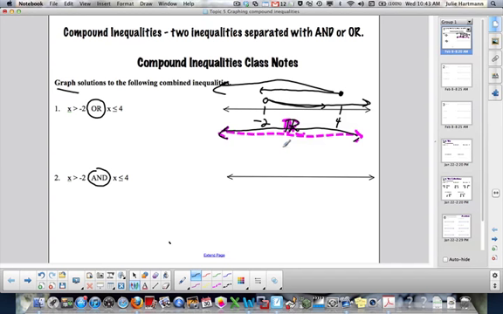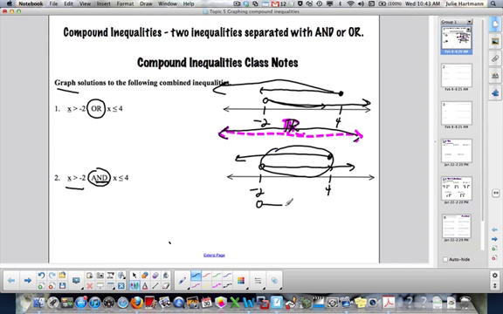Okay, now with the next one it's the same thing, greater than negative 2, but this time it says and less than or equal to 4. So we have greater than negative 2 and where is it shaded for both? It has to be both here and here, which means this portion is where it's shaded for both.